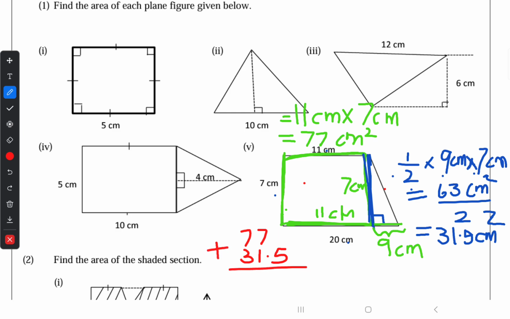Here you can see in 77 there is no decimal, so we will place a decimal after the number and place a 0. 0 plus 5, 5. 7 plus 1, 8. 7 plus 3, it's 108. The unit for this area is square centimeters. 77 plus 31.5 together is 108.5 square centimeters. That is the area of this composite figure.